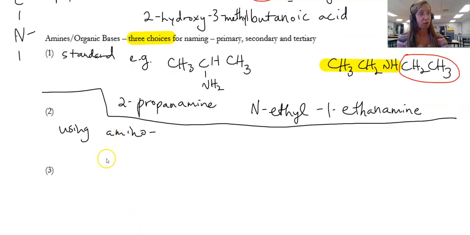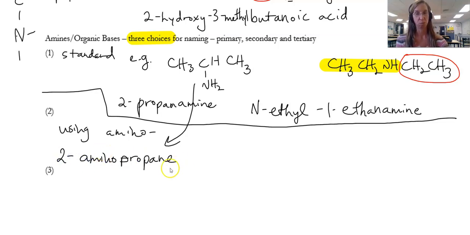So the second choice, and we saw this for one of the examples with alcohols, is sometimes it's easier or people like better to use the prefix instead. That is okay. It's not standard, but people will still understand what you mean. So for this one, I could name that as 2-amino propane.